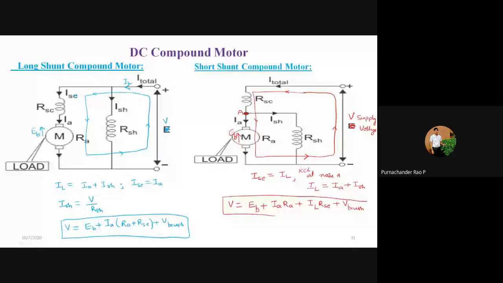So this is my terminal voltage equation for the short shunt compound motor.